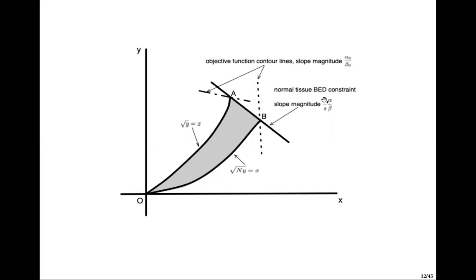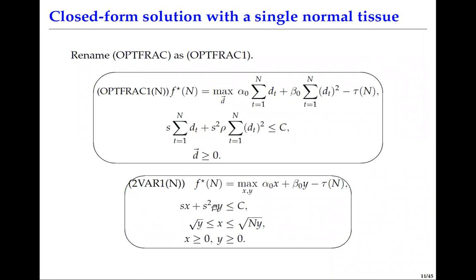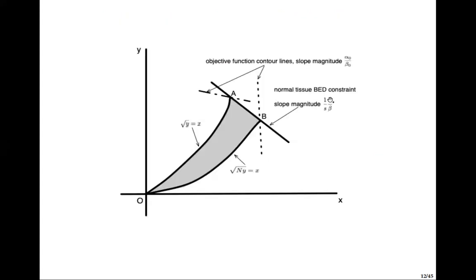Its magnitude is alpha over beta times 1 over S. And remember that alpha and beta here are parameters of that linear quadratic dose response model for that normal tissue that I'm looking at. And in particular, the rho that shows up here, as I mentioned earlier, is equal to 1 over alpha over beta. So anyway, that is the slope magnitude.